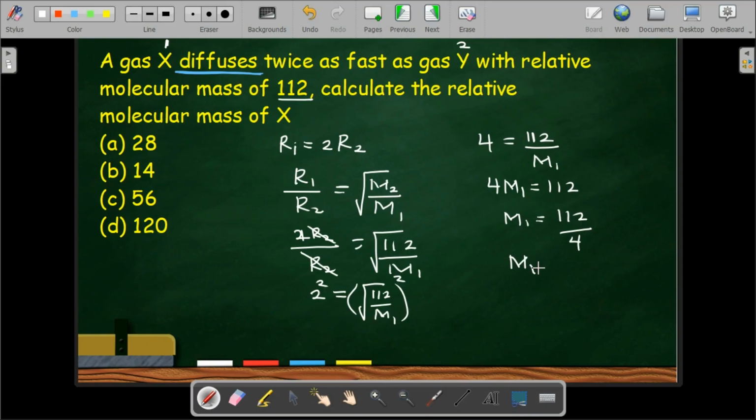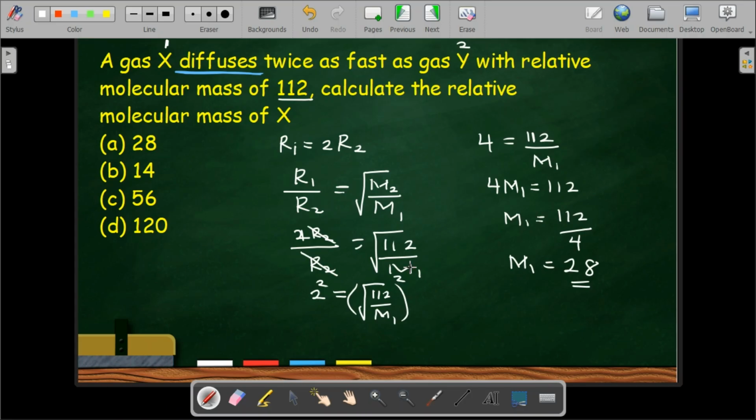If you calculate this, it gives you 28. So the relative molecular mass of gas X has been calculated to be 28. That's the end of that question.